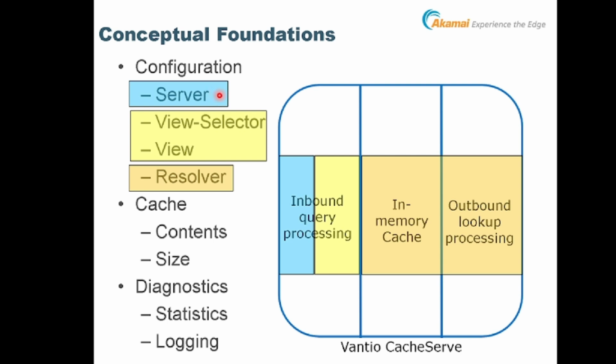So the server object refers to the process as a whole, and with regard to this pathway through the server, it's this blue region here which controls the listen on statement. So whether the CacheServe process gets the packet at all from the interface is determined by that listen on matching. So that's the server at work.